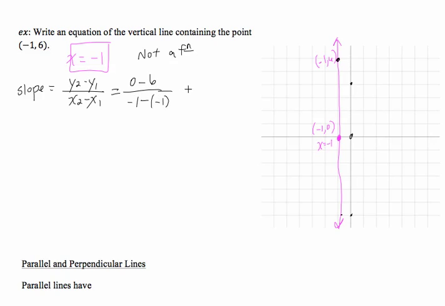So be aware you have a double negative there. So we get -6 divided by, this is -1 plus 1, which is 0. And there's the problem right there. You can't divide by 0. And so the slope, this number, is undefined. So this actually has no slope, or an undefined slope.